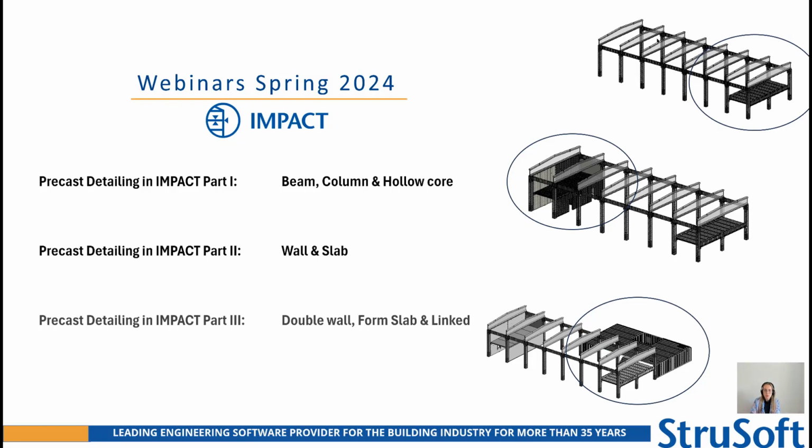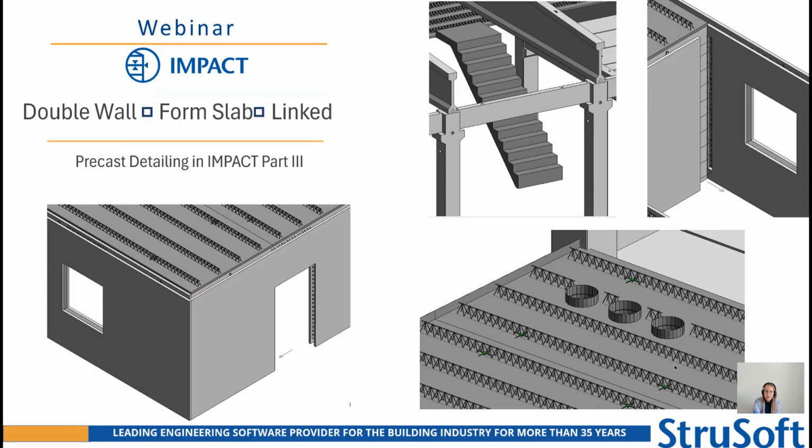Now we're going to work on double walls, foam slabs, and linked elements, and we're going to do a structure on the side of the building. Today you can expect that we are going to solve some very typical challenges when doing detailing in Revit. So, how does Impact help you when detailing double walls?